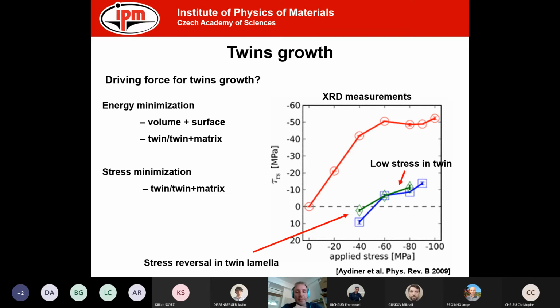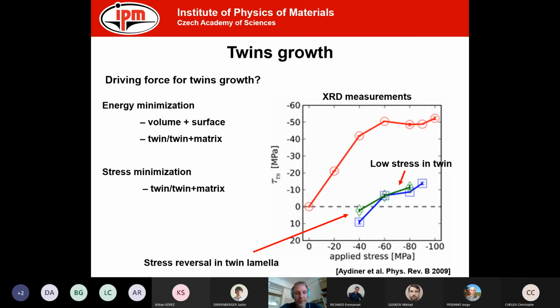But the question is, what's the driving force for twins' growth? Of course, it could be based on energy minimization or stress minimization. Those are two main approaches.